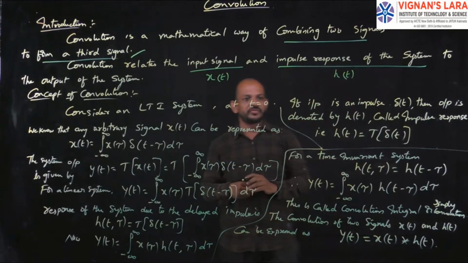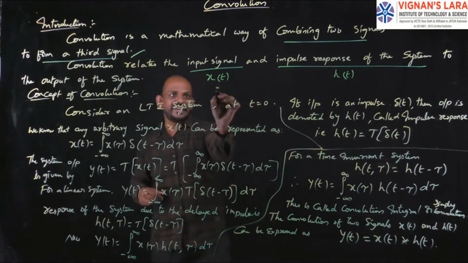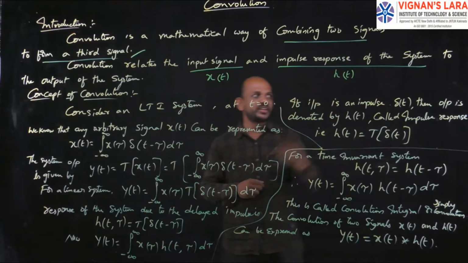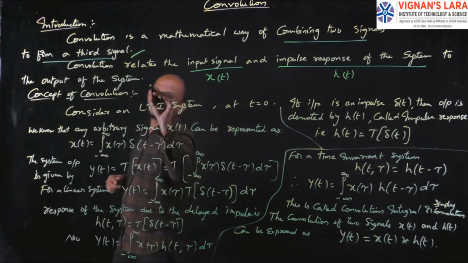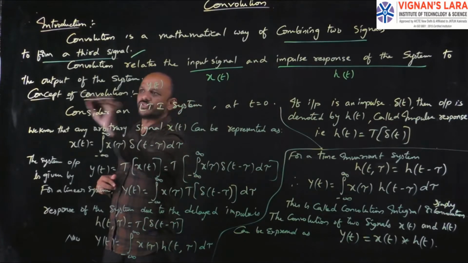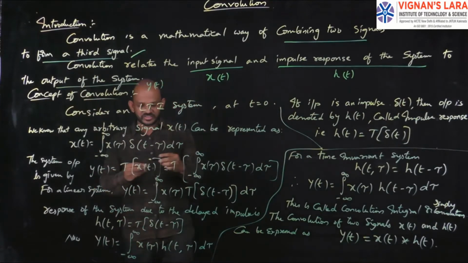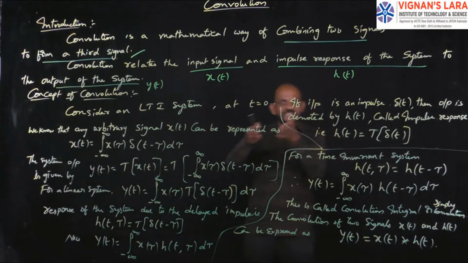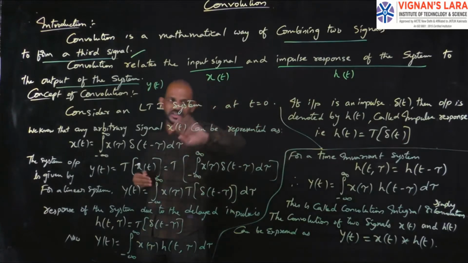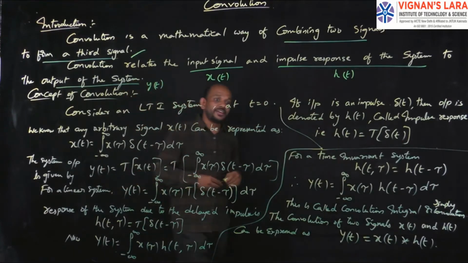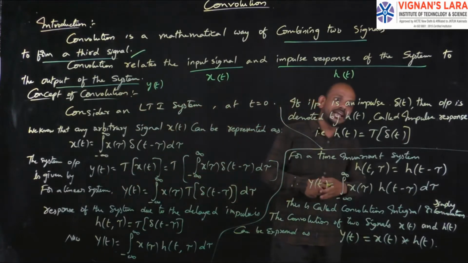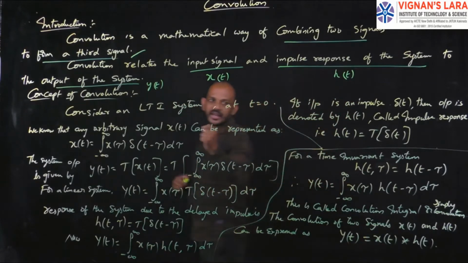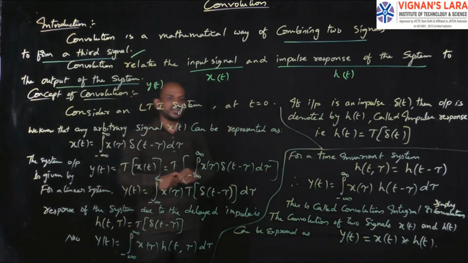It relates x of t and h of t to the output of the system, y of t. So convolution relates these three. Here the system is an LTI system, a linear time invariant system. Generally we consider convolution for LTI systems.